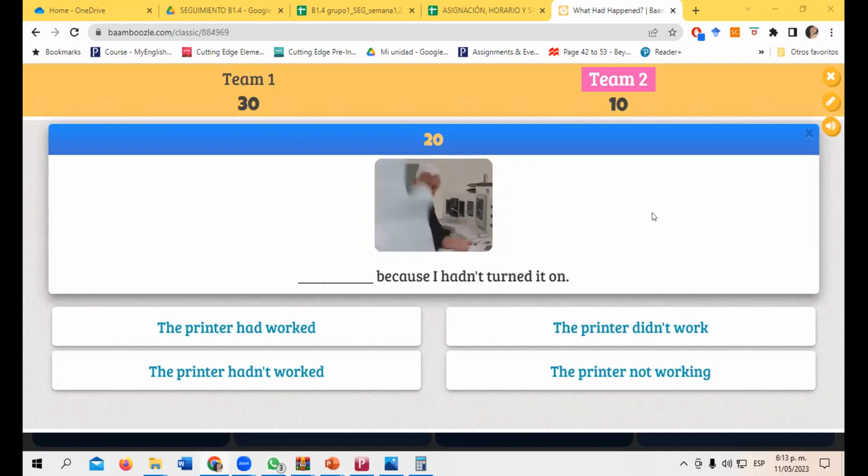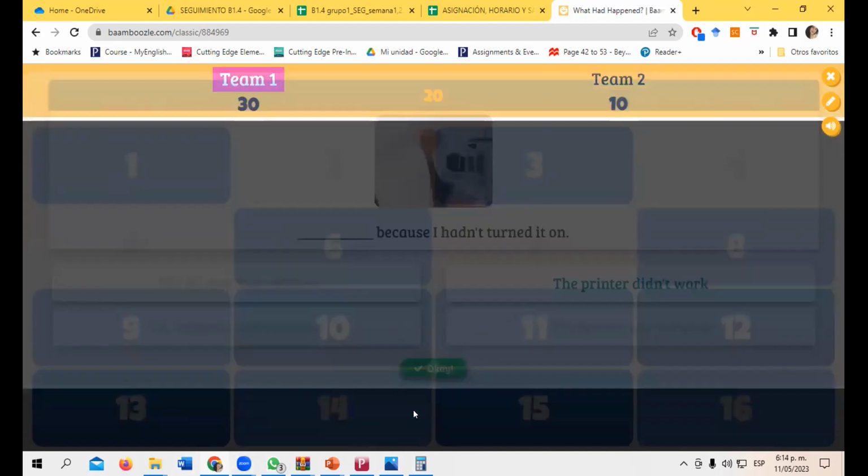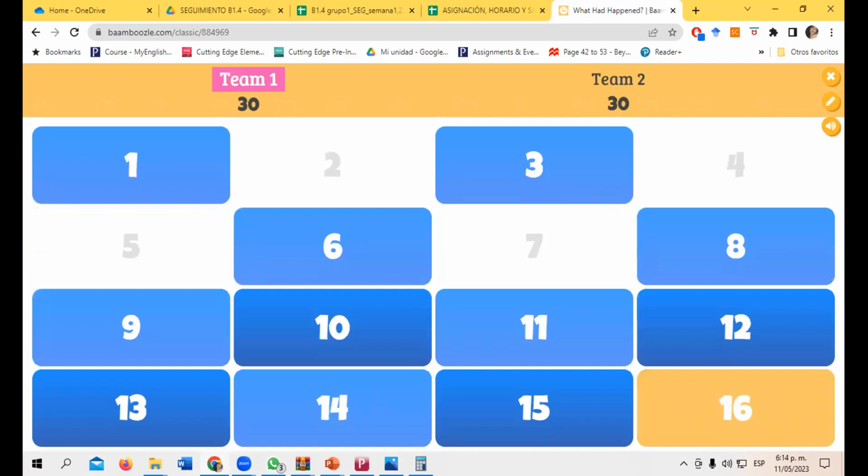B. Yes, it's correct. The printer didn't work because I hadn't turned it on. Correct? Okay.